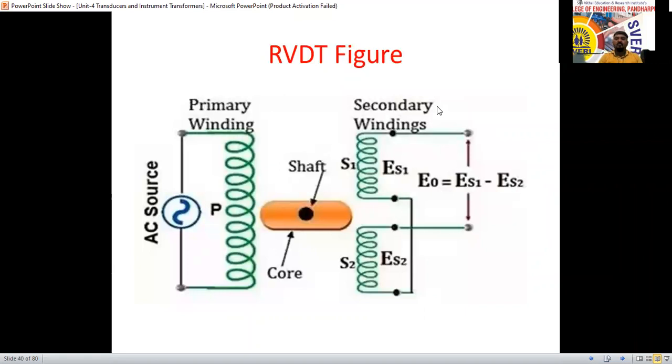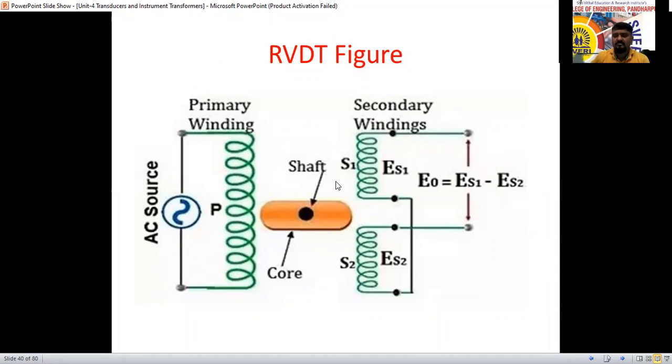So this is the diagram of the RVDT, the rotary variable differential transformer. Can you see this diagram? Is it visible? Yes, sir. See here, just compare it with the LVDT.